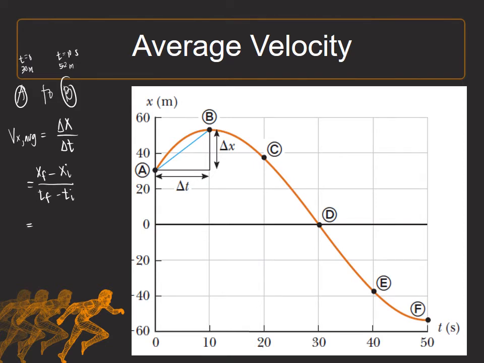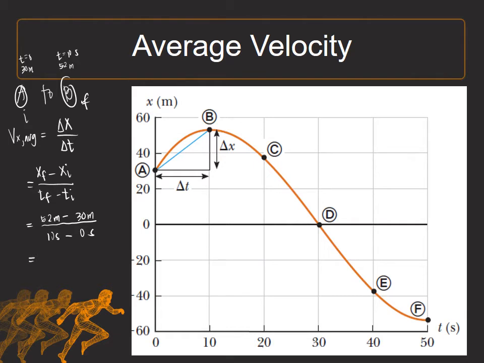Since we are considering from points A to B, our final position would be point B and our initial position would be point A. So our final position, 52 meters, minus initial position, 30 meters, divided by final time, 10 seconds, minus initial time, 0 seconds.